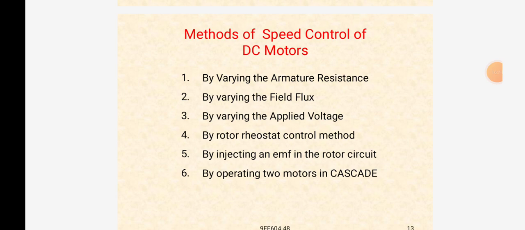We can control the speed by varying the armature resistance, by varying the field flux, by varying the applied voltage, by rotor rheostat control method, by injecting an EMF in the rotor circuit, and by operating two motors in cascade.